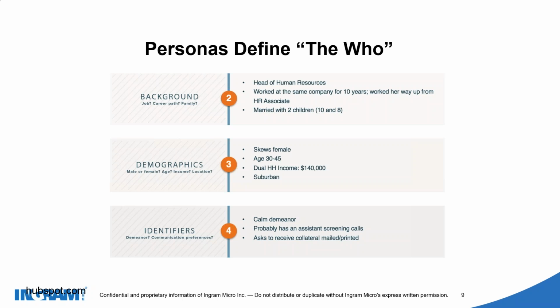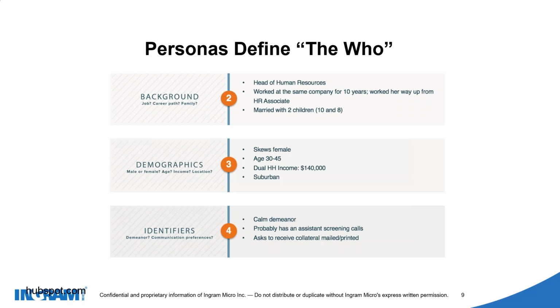A persona is a written document, and it helps you define the who. So in this case, what you see on the screen there is the who of human resources, the head of human resources. They work at the same company, they're married, whether they're male or female, what sort of income they've got. How do you actually identify what sort of personality style they are, or most likely to be?